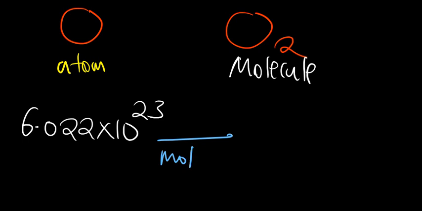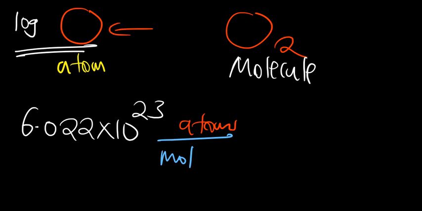So if we were given 10 grams of this oxygen atom, and they ask us to find the number of atoms, what are we going to do? Since we only have that single atom, all we have to do is find the number of moles. You would have gotten the number of atoms already, right?